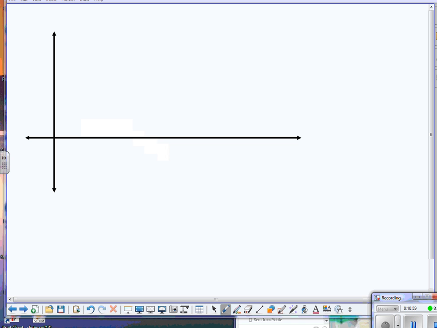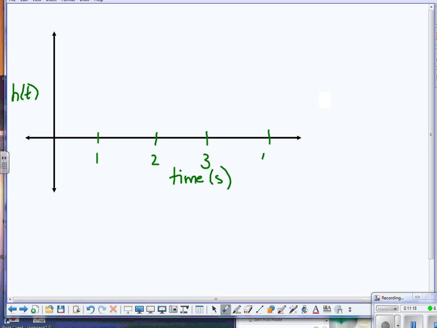Let's put what we can onto this graph. We have our height in terms of time. We would like to indicate seconds with space to spare. We know that in 4 seconds, we should be able to draw 5 cycles.